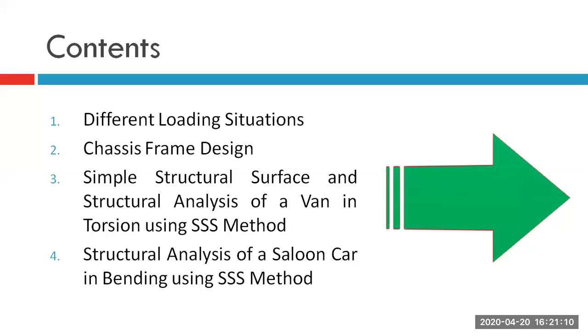So 2 different vehicles and 2 different loading conditions. Using SSS method, we're going to analyze and be having some equations that are going to be a part of this particular module. So we'll start with the first lecture for this particular module.